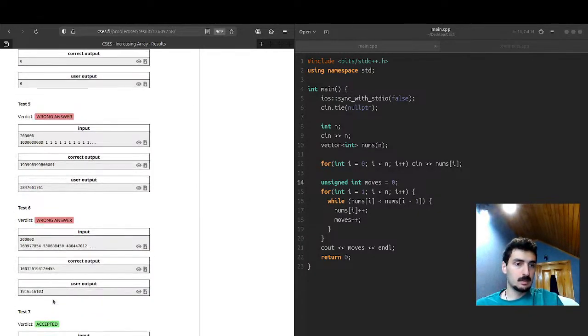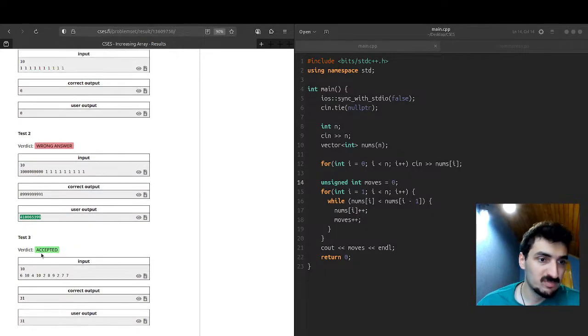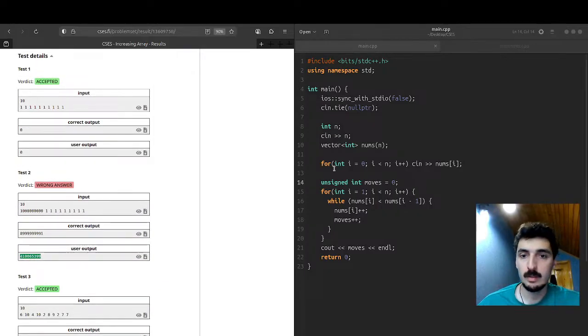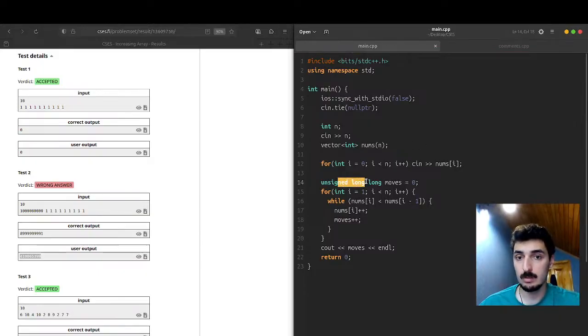Accept. Oh my god. Long. Just make everything unsigned long.